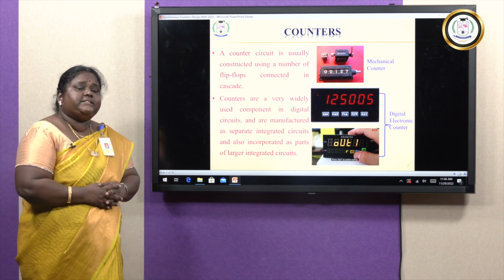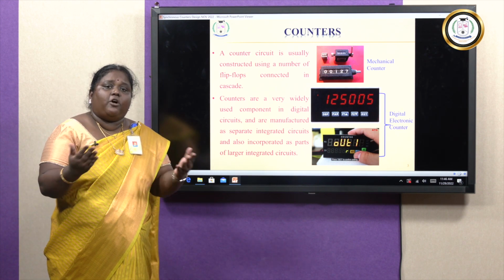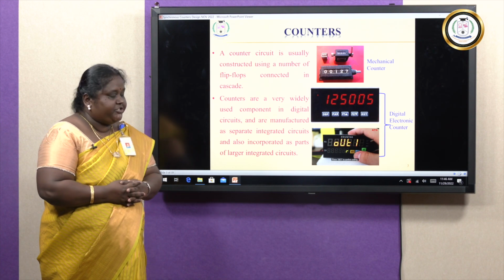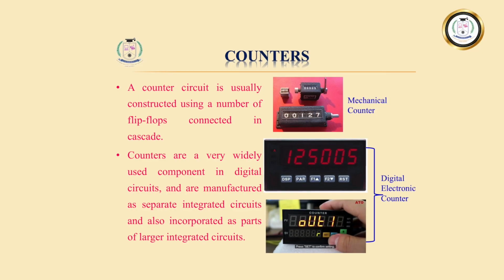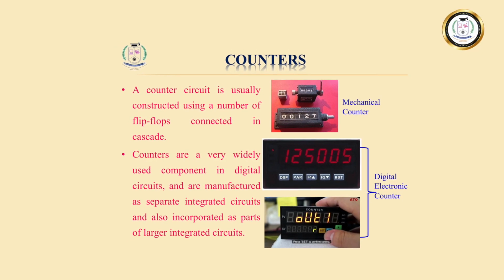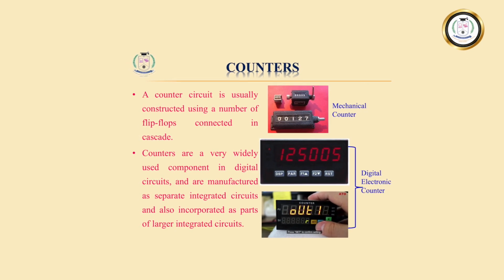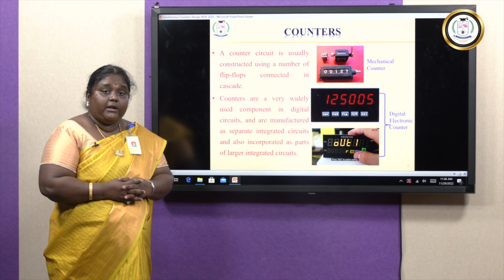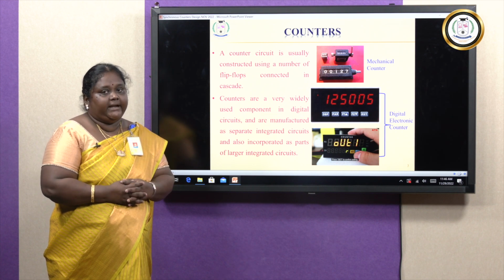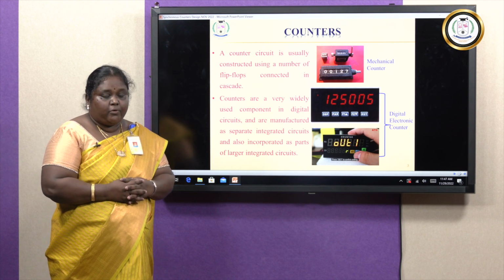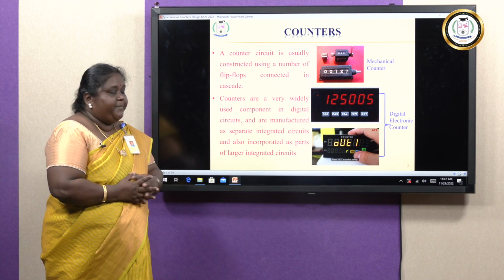These counters are designed with a combination of flip-flops connected in a cascaded fashion, and they are widely used components in digital circuits. Most often they are manufactured as integrated circuits, or integrated as a part of larger integrated circuits. This is how counters play a major role in various applications.